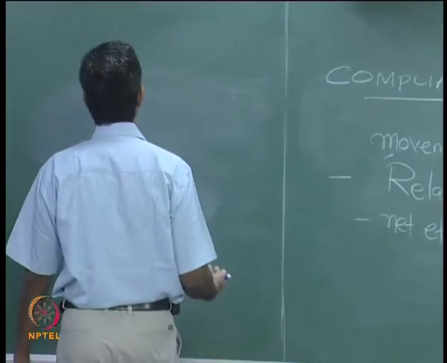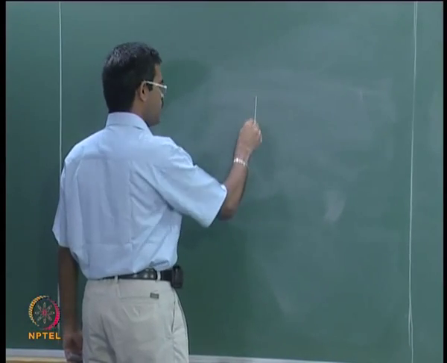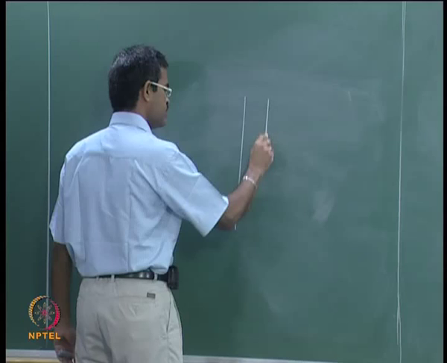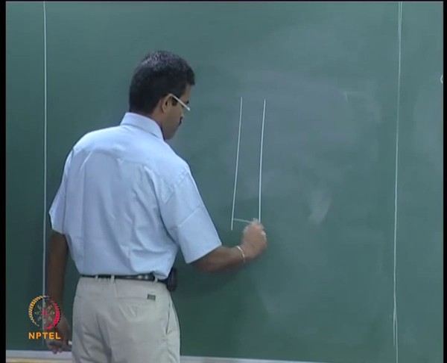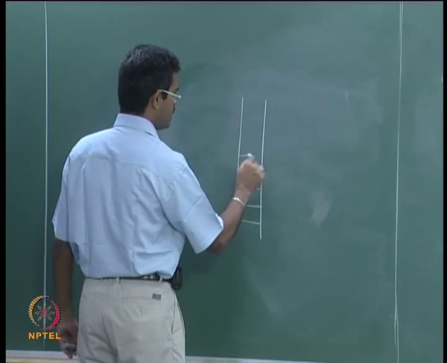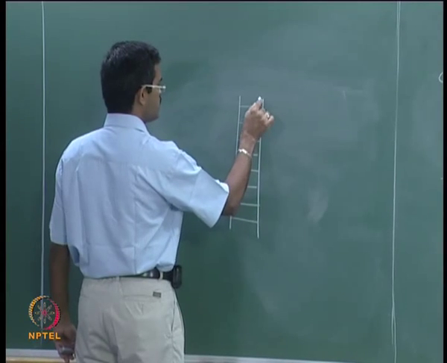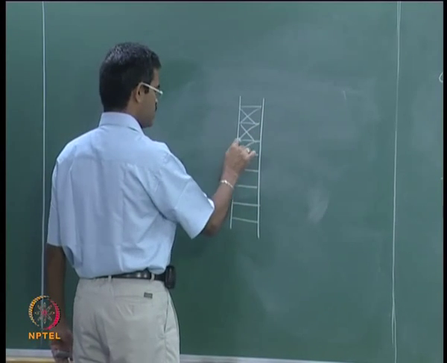Let us take a simple tower. I am having a simple tower, which is a steel lattice tower, which is cross braced.